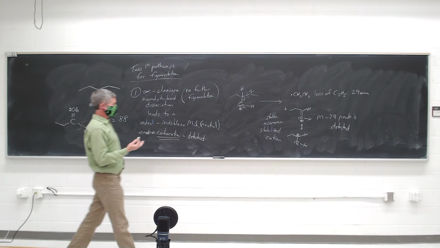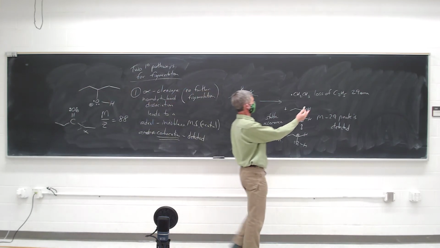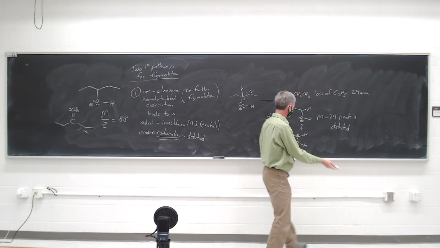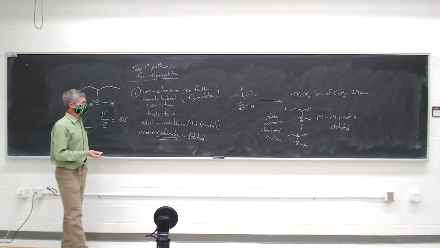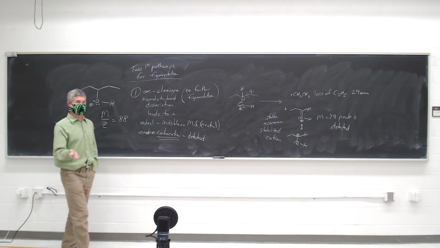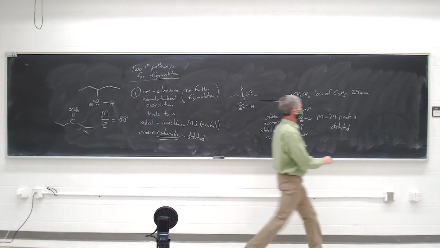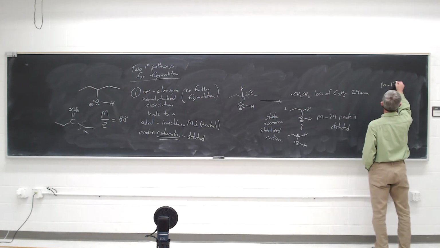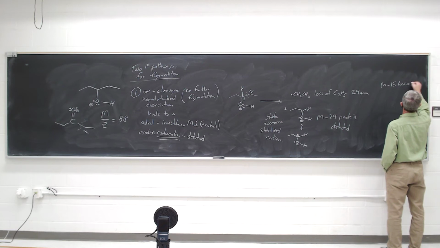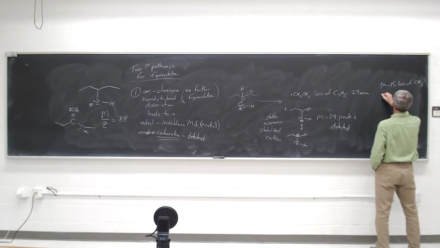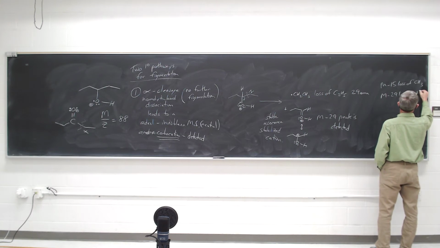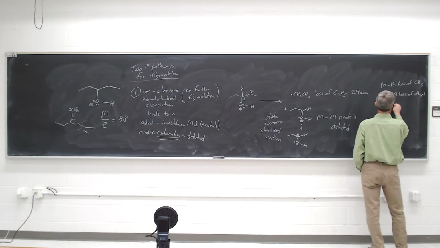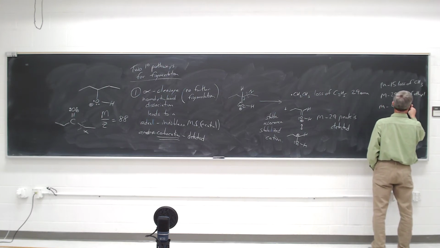It's usually easier to determine the mass of what's lost than it is to determine the mass of what's kept. Right? So you're going to look for distinctive peaks at loss of methyl, for example. So M minus 15 is usually loss of CH3. M minus 29 is loss of ethyl. M minus 43 is loss of propyl.